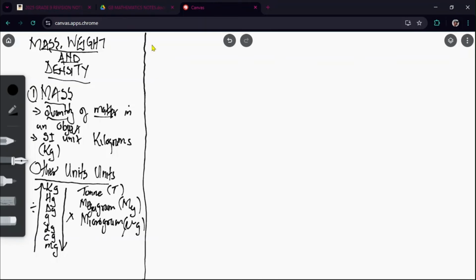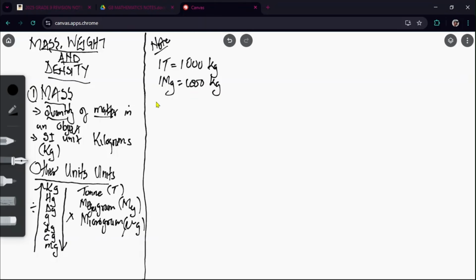It's just good to note that 1 ton is the same as 1,000 kilogram. And 1 megagram is also the same as 1,000 kilogram.